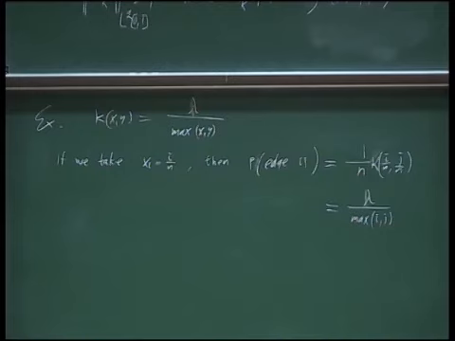So you put in edges between i and j with this probability, and this has a very nice interpretation.